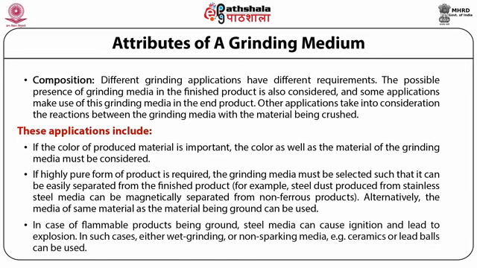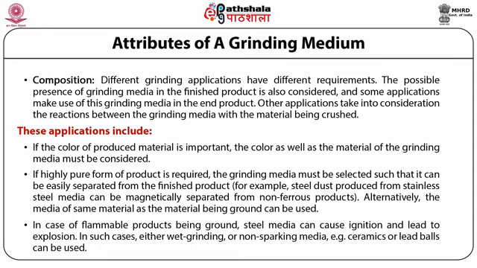Next, in case of flammable products being ground, steel media can cause ignition and lead to explosion. In such cases, either wet grinding or non-sparking media, for example ceramics or lead balls, can be used. Then, certain grinding media, for example iron, can react with corrosive materials.